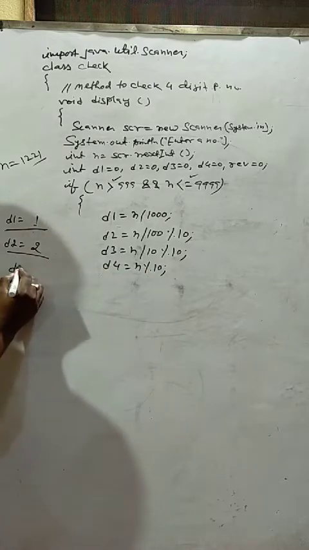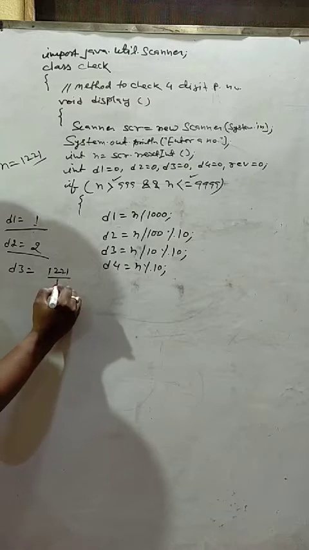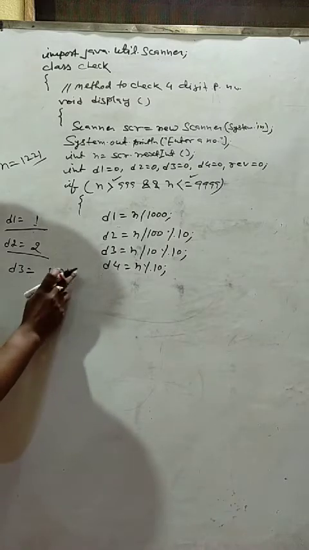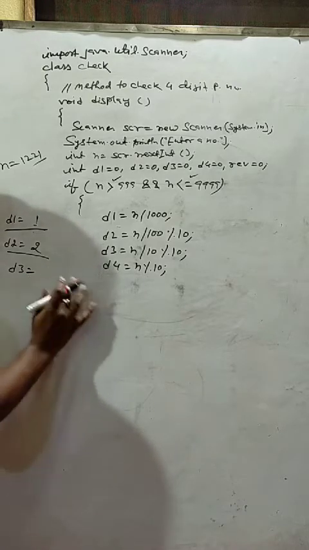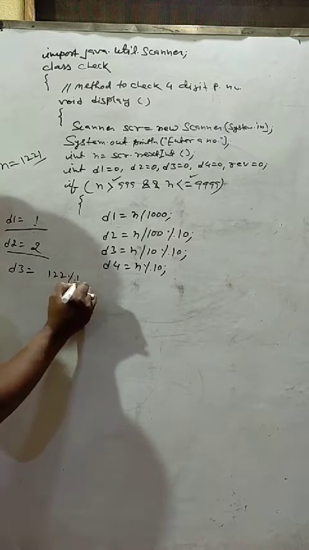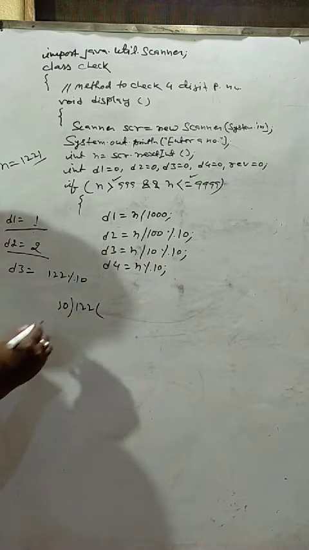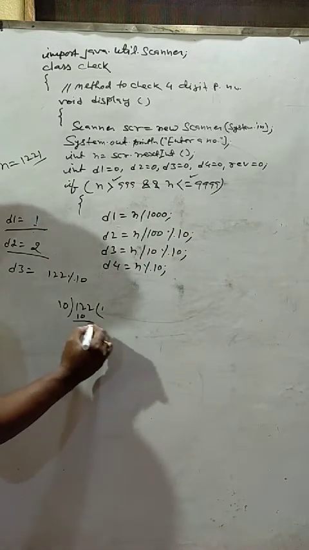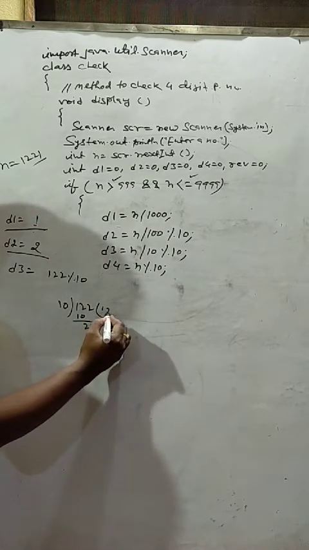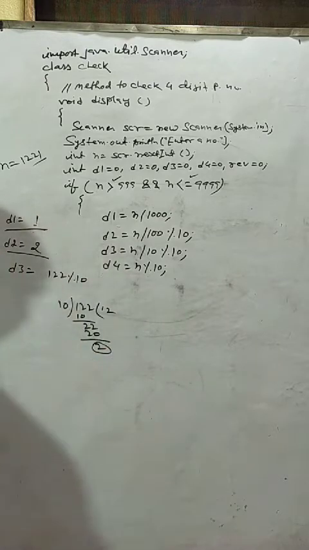d3 equal to n by 10 means 1221 by 10, it is equal to 122.1, but since this is integer, only 122 is stored. 122 mod 10 means 122 is divided by 10, and the remainder will be 2.